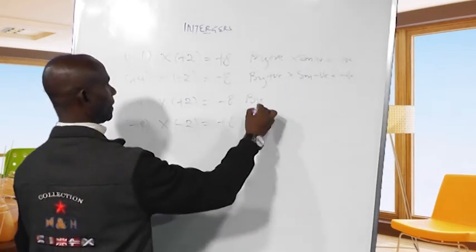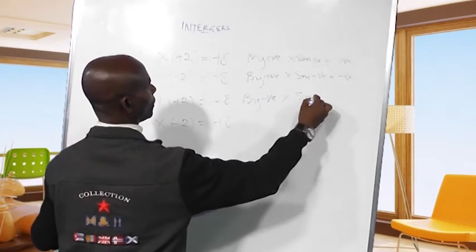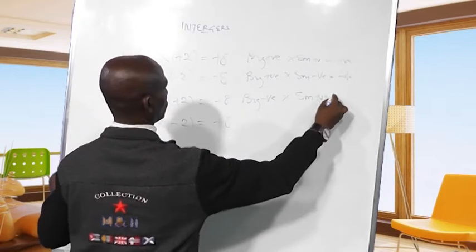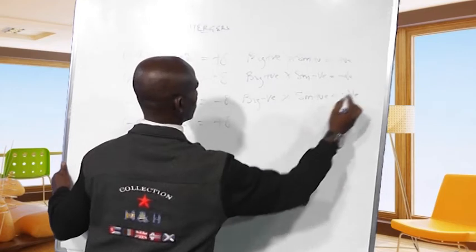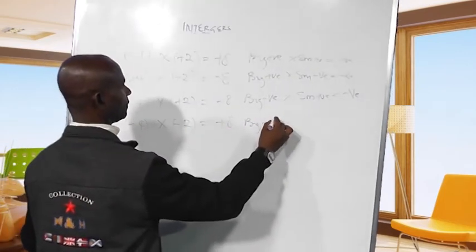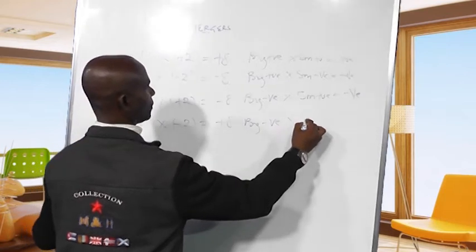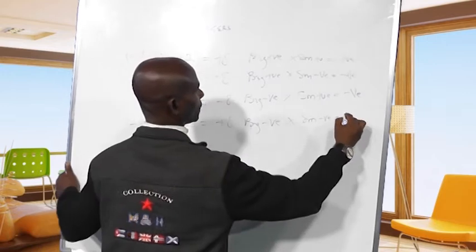Big negative multiplied by small positive is going to give us a negative. And big negative multiplied by small negative is going to give us positive.